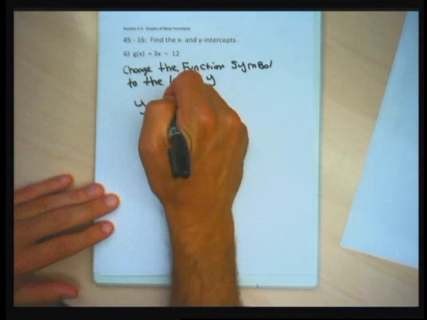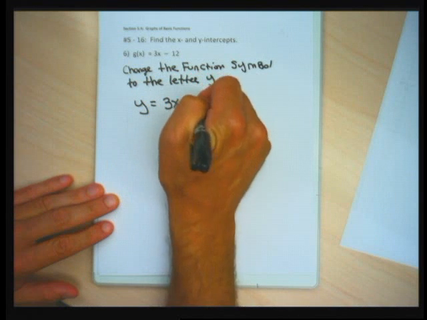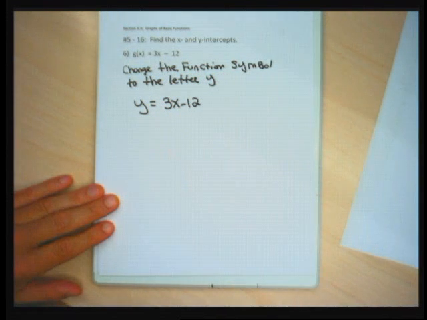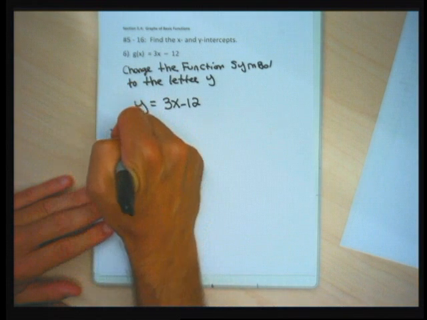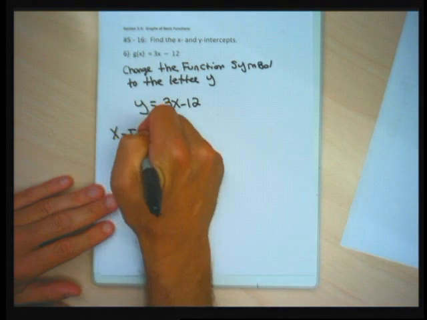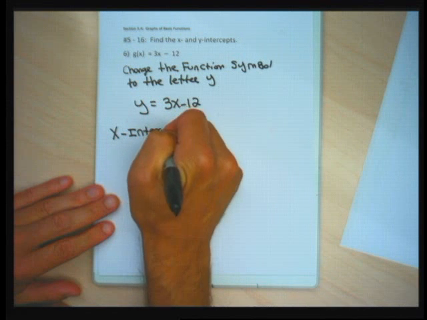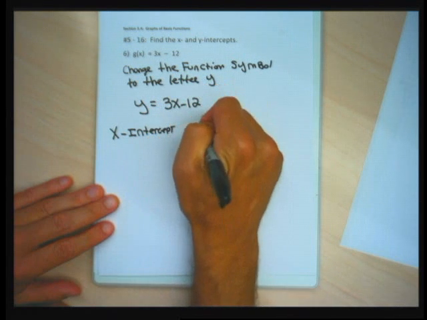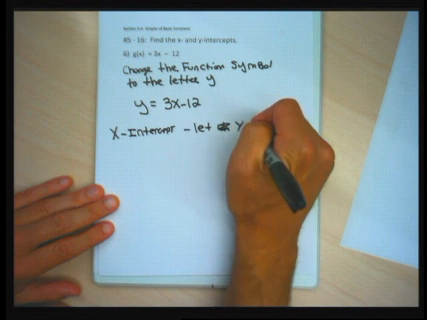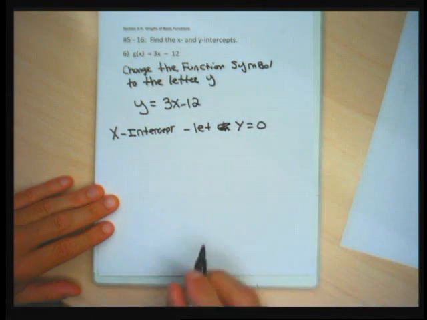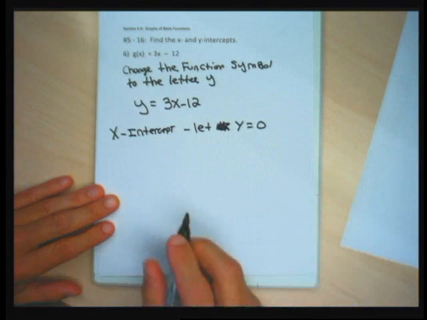So for each of the problems between 5 and 16, I'm going to find x and y intercepts. I'm not sketching a graph, but I'm going to plug in zeros. So this looks just like a problem we would have done earlier in the semester, or earlier in the chapter even. To find an x-intercept when I have an equation with both an x and a y, I plug 0 in for y.